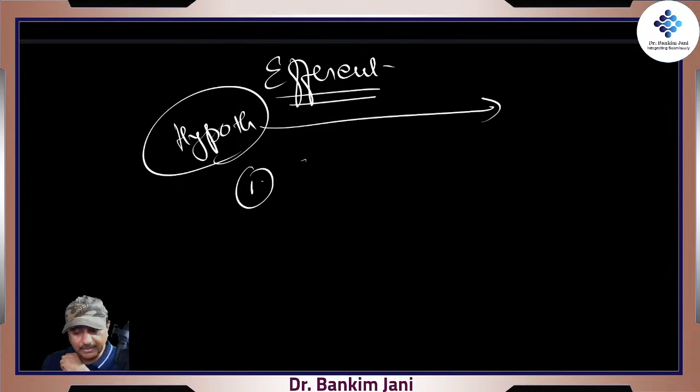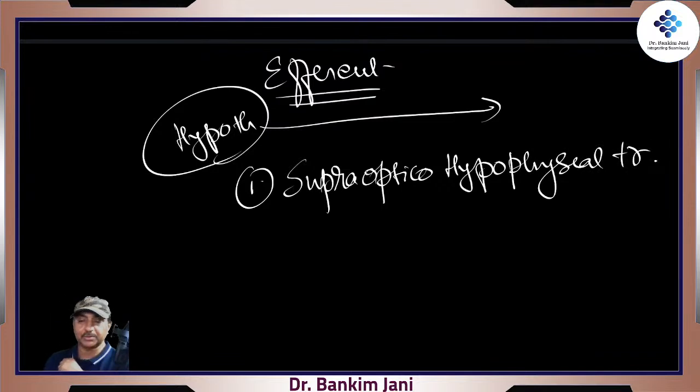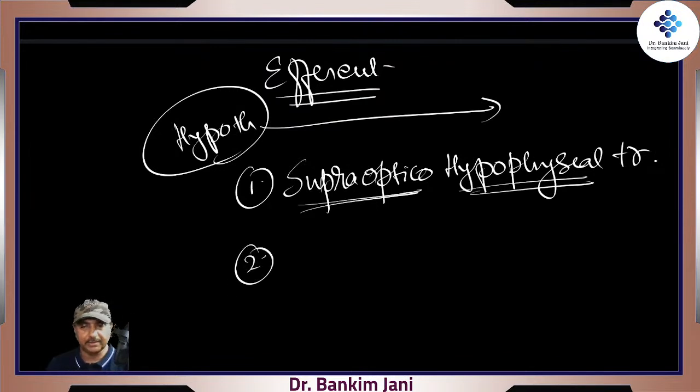So here we'll say supraoptico-hypophyseal tract. Though the name is long, it is easy because supraoptic was one of the first areas we learned, and hypophyseal is the pituitary. That's what it does, and thus it communicates to the pituitary.